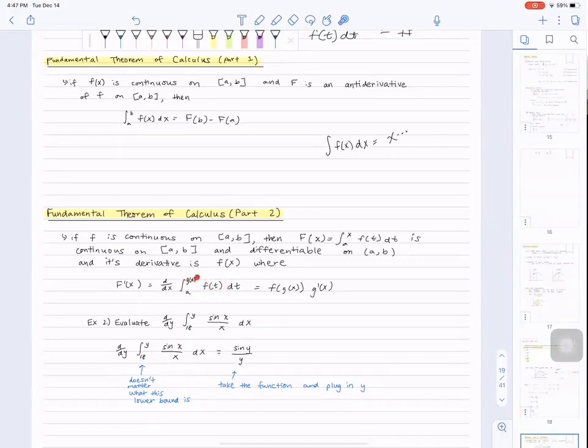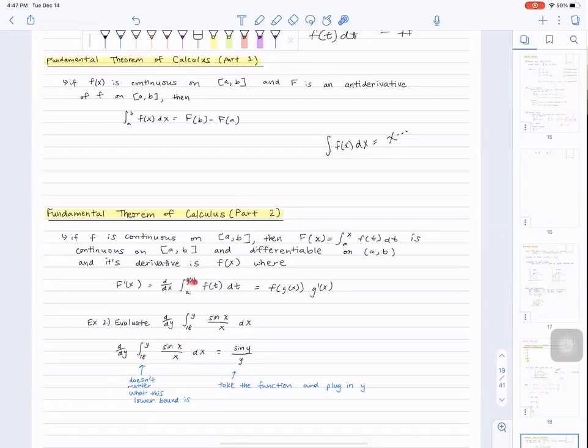But if the bound is more complicated, like x squared instead of just x, then it's a manipulation of the chain rule: you plug the weird bound into your function and also multiply by the derivative of that bound.